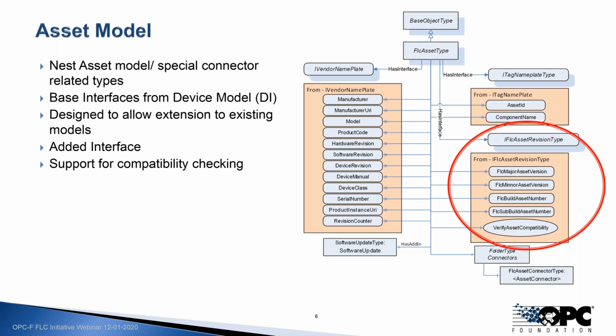So maybe your asset is version 3 of a product, and maybe the configuration that was provided that you want to communicate to was defined for version 2. Does that mean that I can't use this module anymore if they've upgraded the version? The hardware itself should be able to answer that question. You say, hey, I'm looking for version 2, are you compatible?